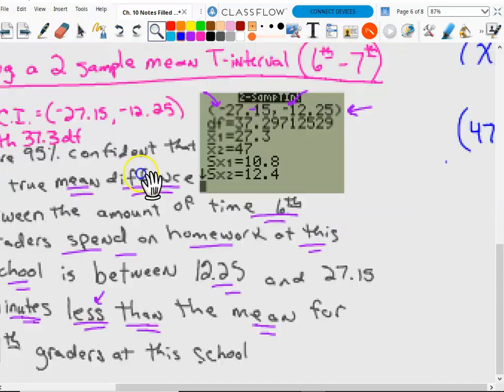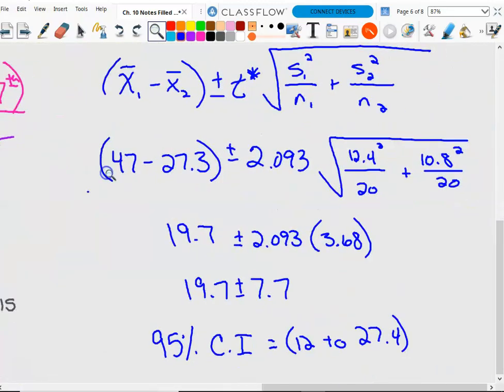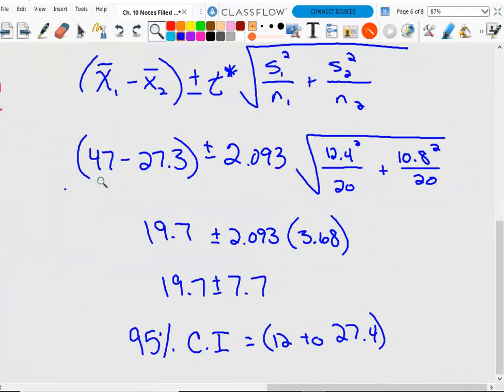Okay, very quickly, I'm just going to show it to you in case you might see this in multiple choice. Just the setup of what you would do if you wanted to do it by hand. If you notice the way I set it up this time, I did 7th graders first and 6th graders second, just so I could end up with my positive values. It doesn't make a difference as long as you know what you're talking about.